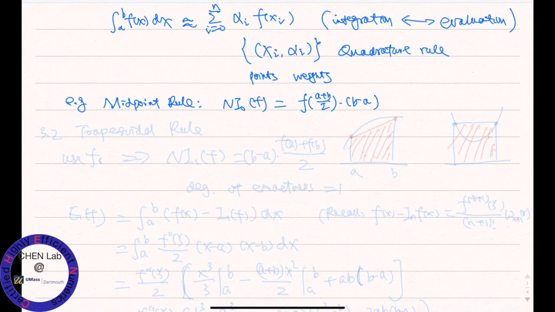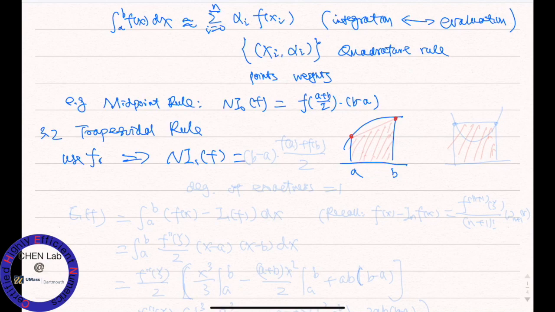So the next one is a new rule, the so-called trapezoidal rule. As we were saying, we now use f1, the degree 1 approximation, I sub 1. When you need to integrate a function from a to b, I have 2 points, a and b.